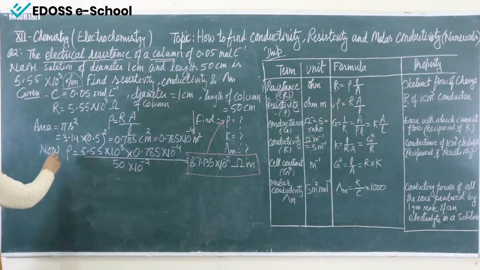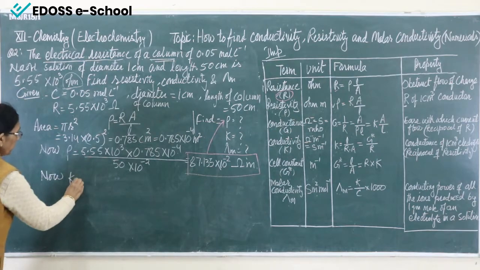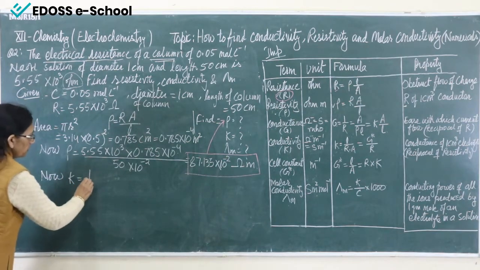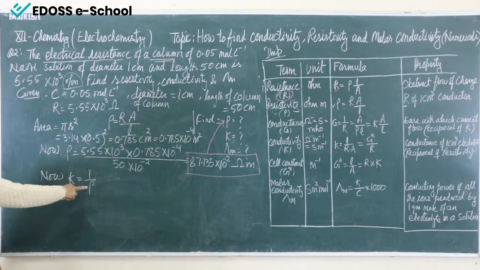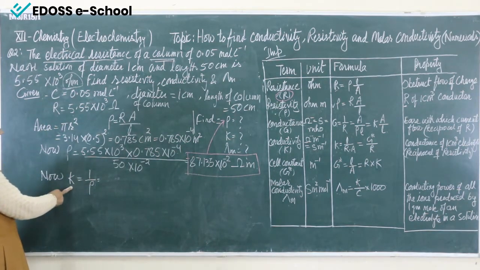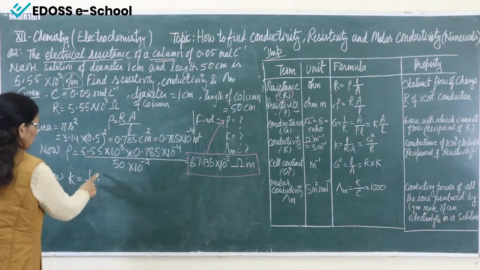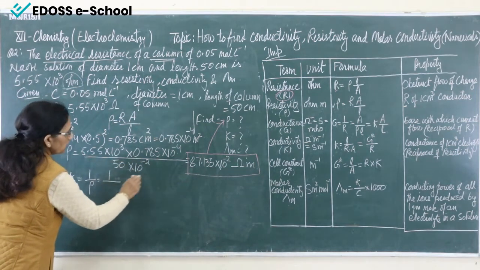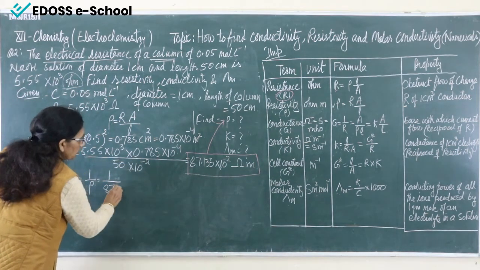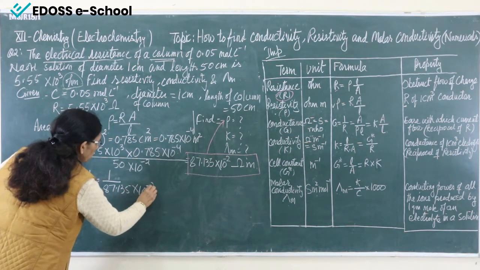So now second part, we have to find K. So K is reciprocal of this. K is conductivity, and now we can take the reciprocal of this. So this is 1 upon 87.135 into 10 raised to power minus 2.